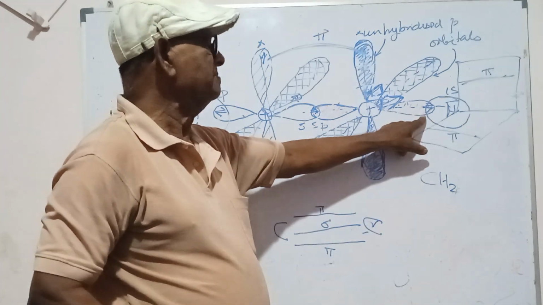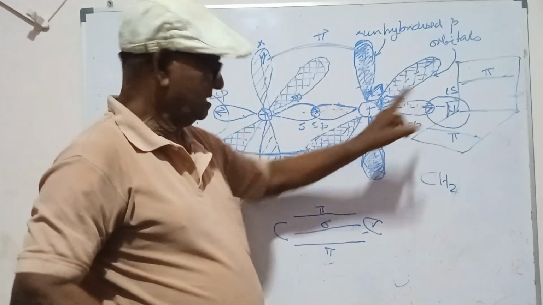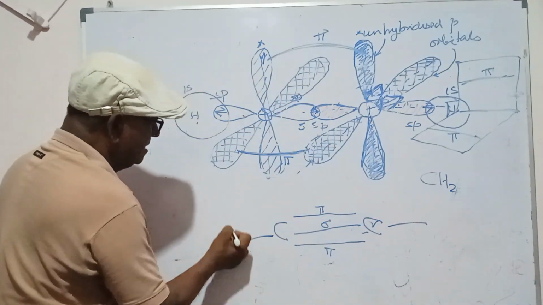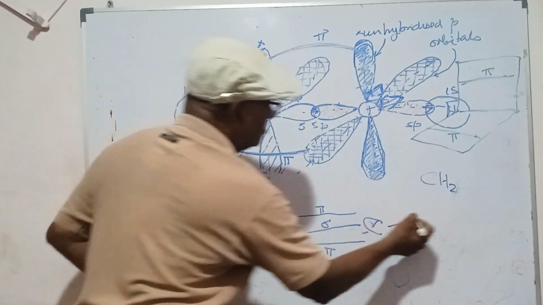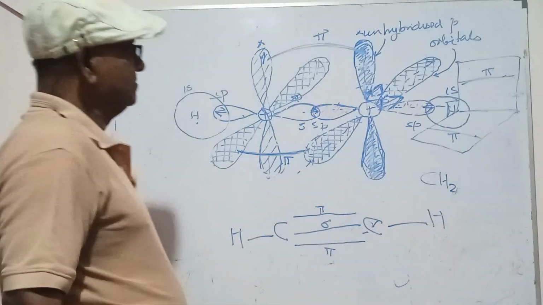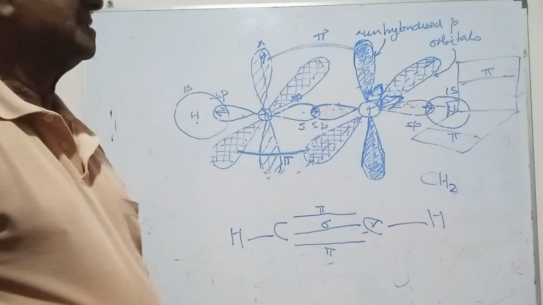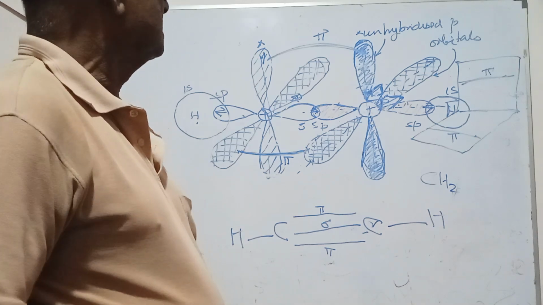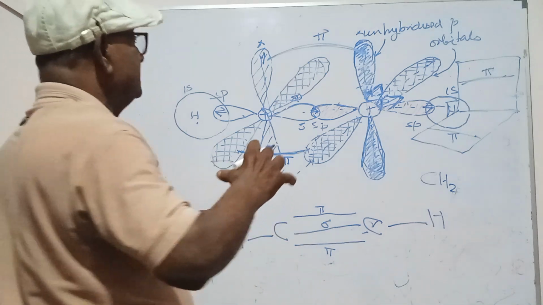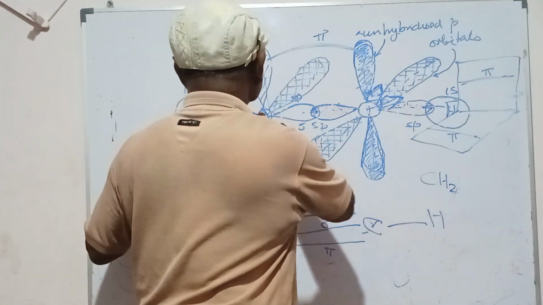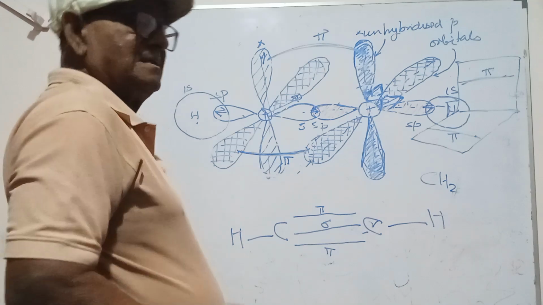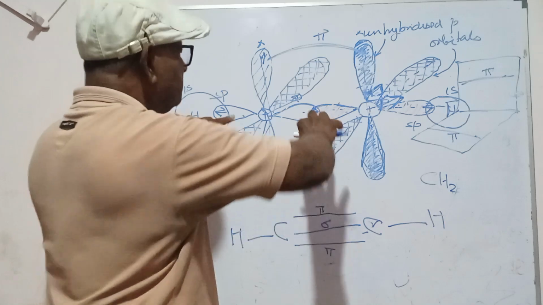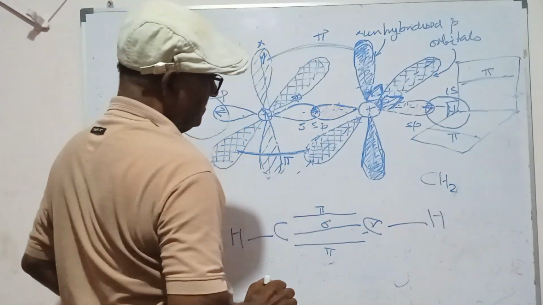This is the sigma covalent bond. So, these two carbon atoms form two sigma bonds with two H atoms. This is the molecule which forms after the two carbon atoms undergo sp hybridization and combine with two H atoms.